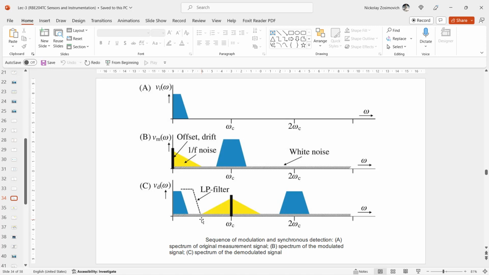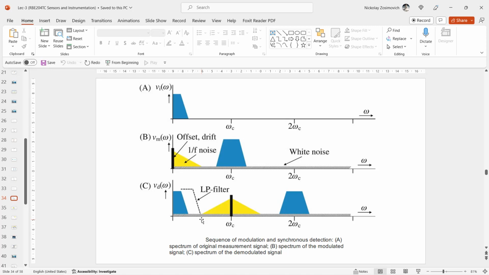The low-pass filter with bandwidth B acting on the demodulated signal is equivalent to a band-pass filter acting on the modulated signal around the carrier.